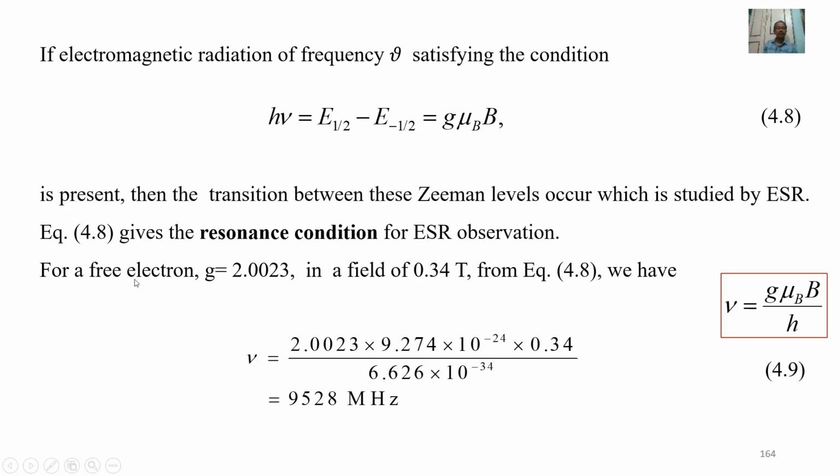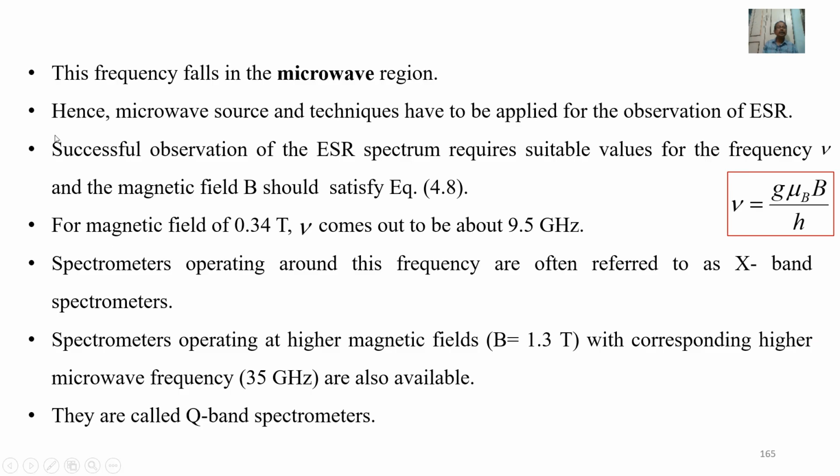For a free electron, g equals 2.0023 in a field of 0.34 Tesla. Using equation 4.8, nu can be obtained by substituting the values of g, mu B, and dividing by h, giving 9528 megahertz. This frequency falls in the microwave region. Hence, microwave source and techniques have to be applied for the observation of ESR.